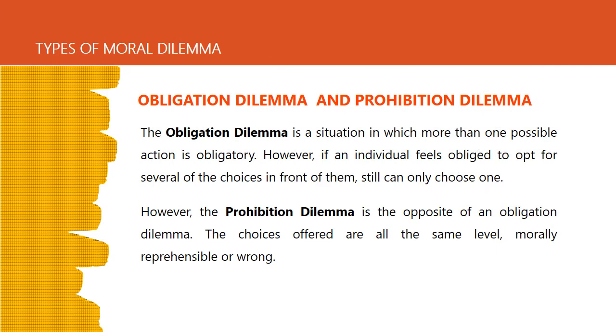Another type is the obligation dilemma. It is a situation in which more than one possible action is obligatory. However, if an individual feels obliged to opt for several of the choices in front of them, they can still only choose one.